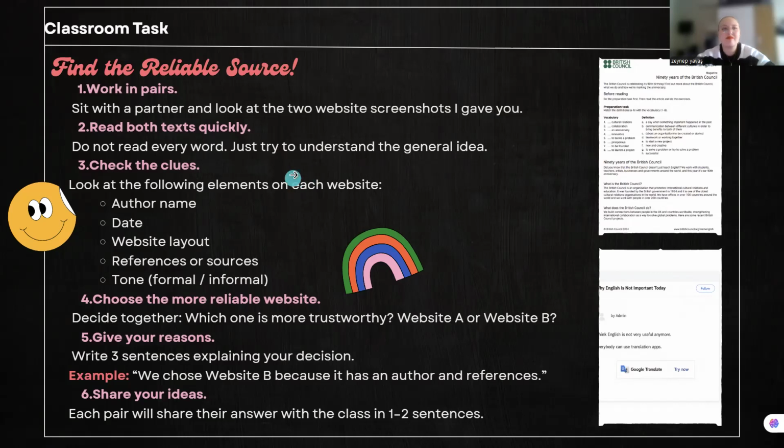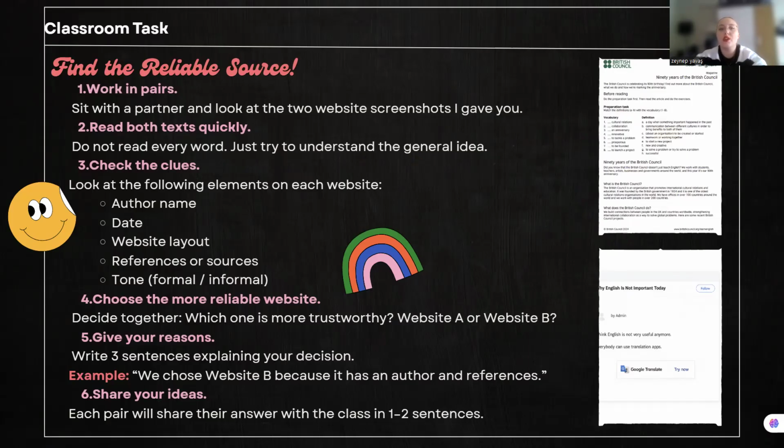Work in pairs. Look at the two website screenshots. I prepared them for you. Read quickly for only the general idea, not specifically, just the general idea. Then check the clues: author names, date, layout, references, and tone.